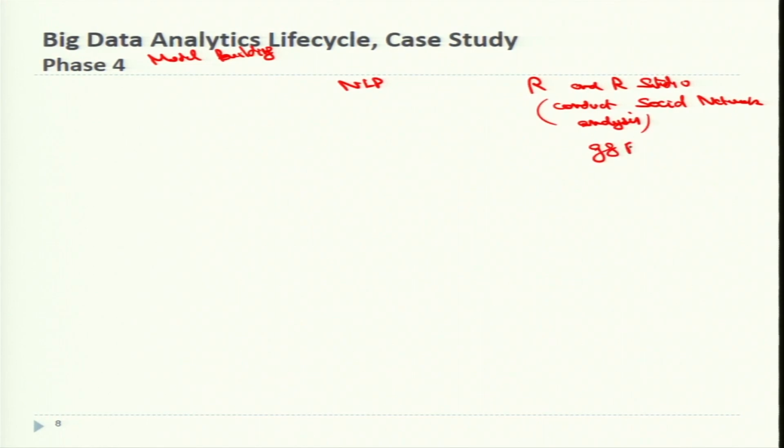They used R and R Studio to conduct social network analysis. And there is a package known as ggplot2, which helps to create social graphs.